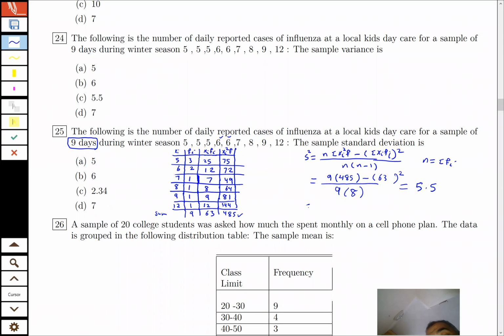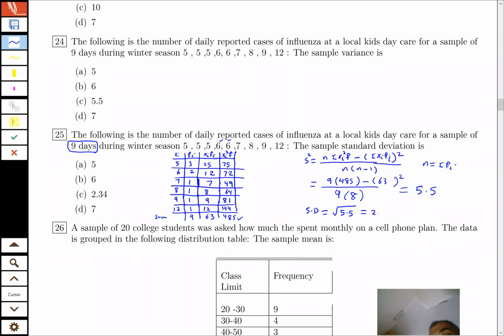Our answer is the standard deviation, which is the square root of the variance, the square root of 5.5. So the square root of that will be equal to 2.34520788. But when you look here, you have two digits only.